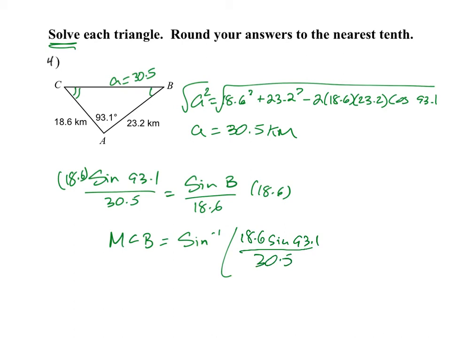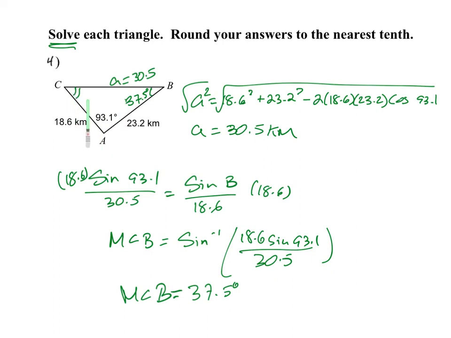And we are just going to our calculator to find that one. So angle B in this case is 37.5 degrees, right? So now that we know that this one right here is 37.5, now we can find angle C by the triangle sum theorem, right?